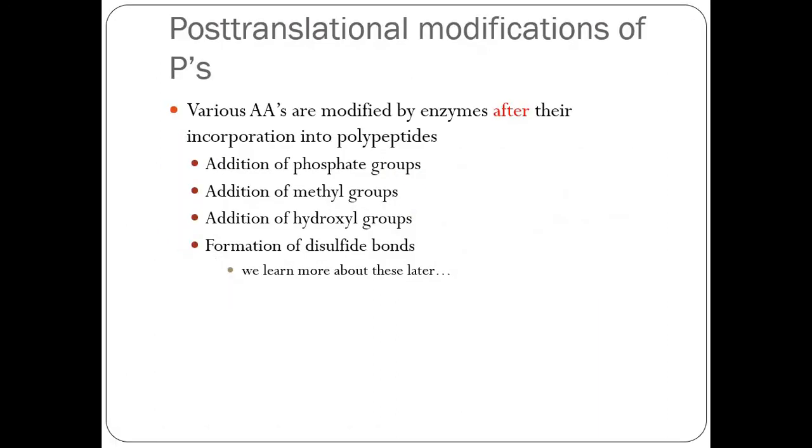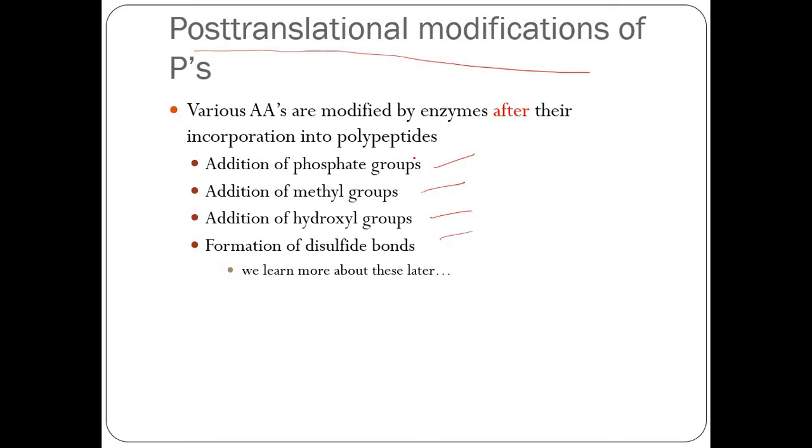biomolecules. So when these amino acids are already formed as polypeptides, after amino acids, right, an amino acid will form a peptide with another amino acid. So when these amino acids are already incorporated as polypeptides, some will be modified. That's what we call post-translational modification. So meaning after translation. The different post-translational modifications they can experience are, for example, addition of phosphate groups, addition of methyl groups, addition of hydroxyl groups, and formation of disulfide bonds.